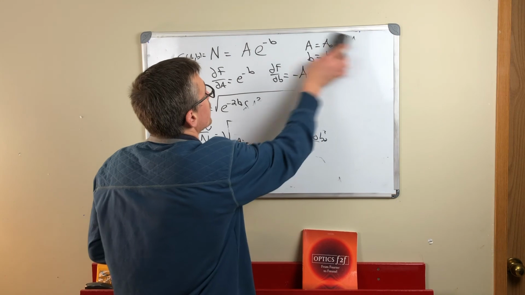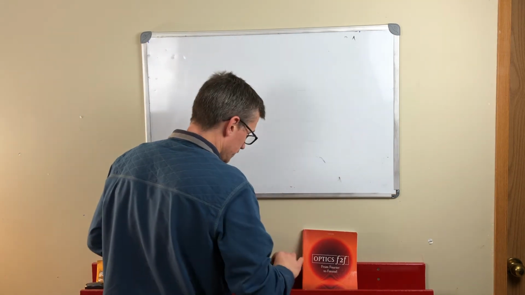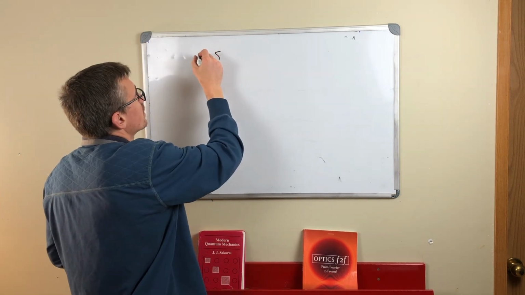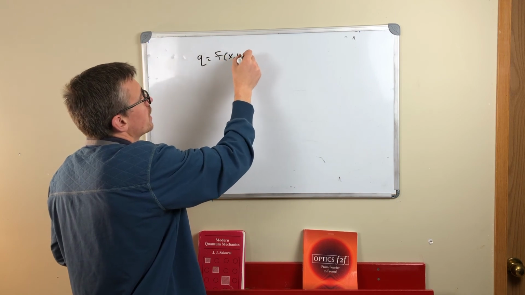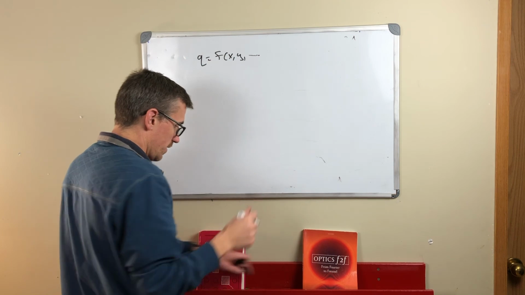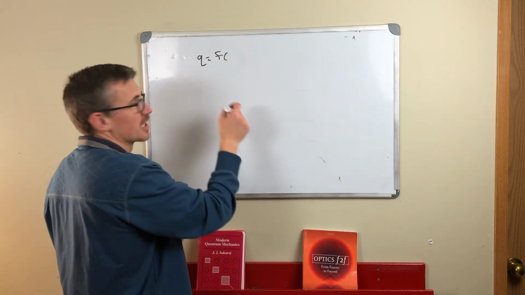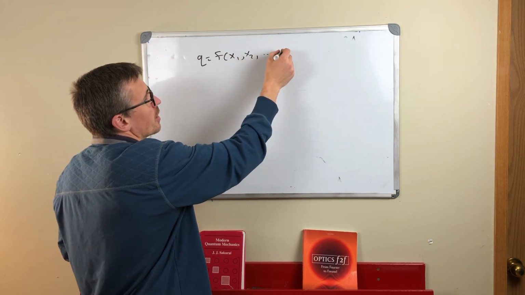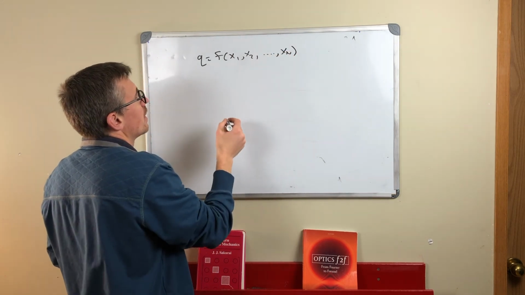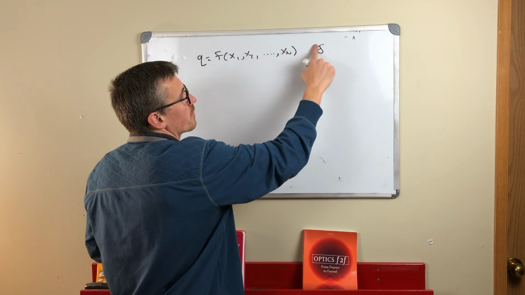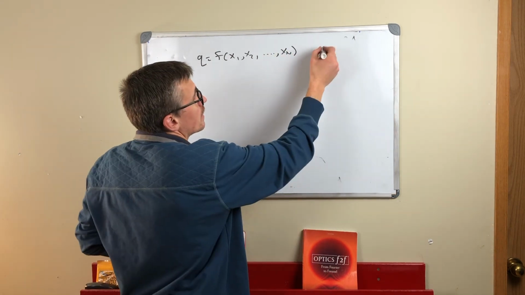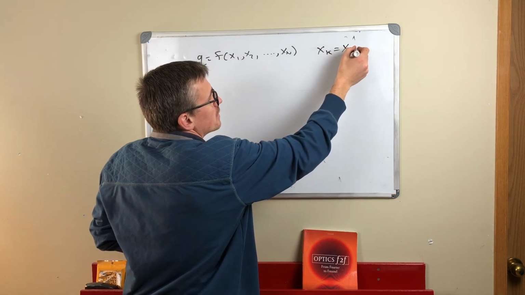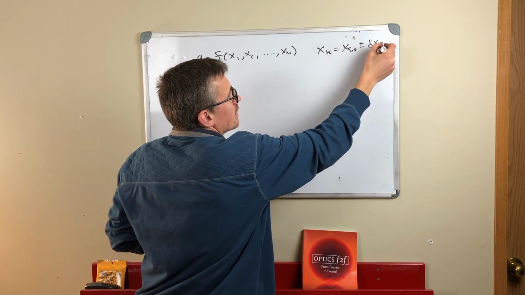And I just want to leave on the board the general rule, just to stare at, is that if q is equal to f of x1, x2, dot, dot, dot, all the way up to xn, and then every one of those xk, that might be 2, 3, 4, 5, is equal to xk naught plus or minus delta xk.